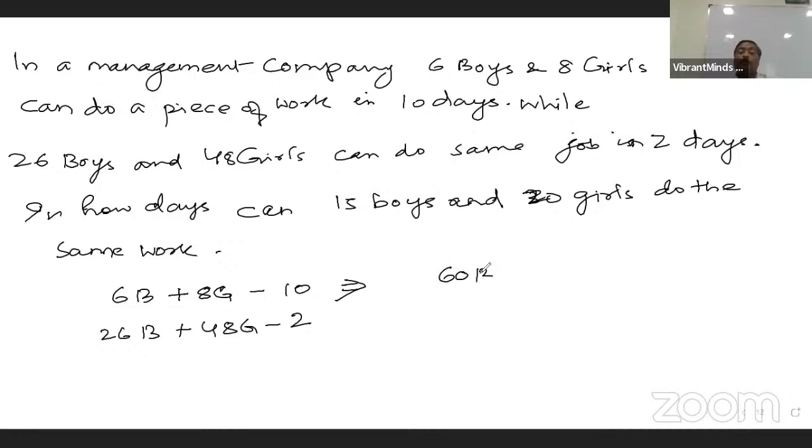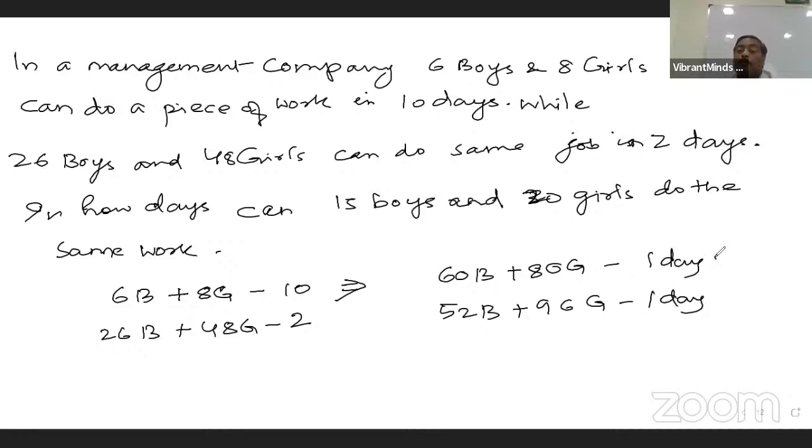So 60 boys plus 80 girls can do the job in 1 day. Similarly, 52 boys plus 96 girls will do it in 1 day. Now see, since both of these can do it in 1 day, the efficiency of both these groups will be same.